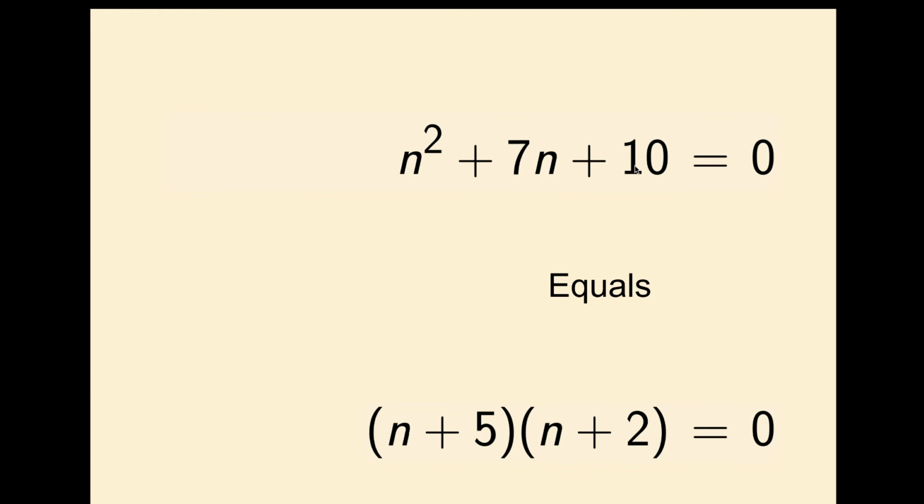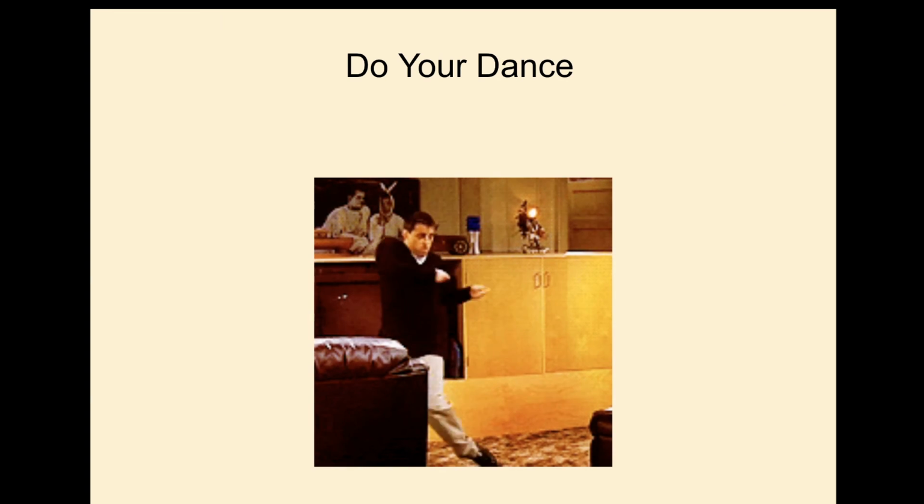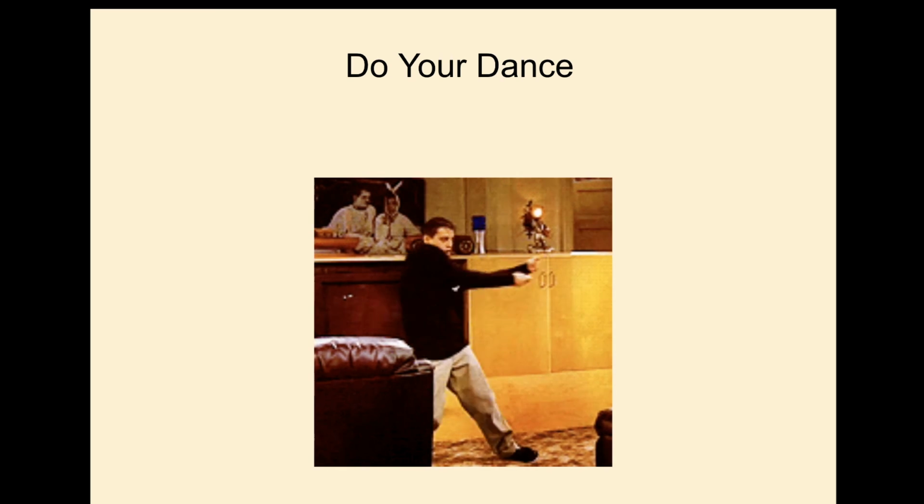This is the trinomial version and this is the factored binomial version. They have the same graphs, the same roots, the same numbers. Everything is equivalent about them. They're just written in a different form. So there we go, we've factored. Do your dance. Oh, it feels so good to be done.